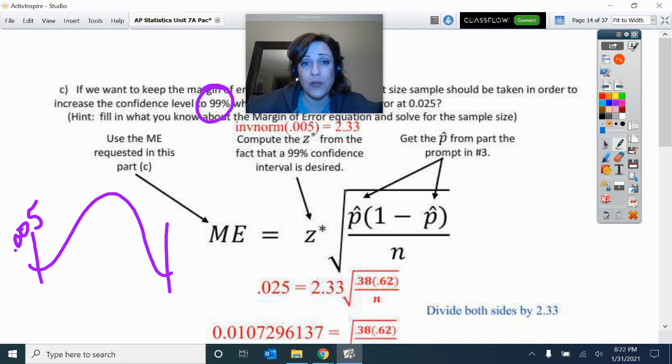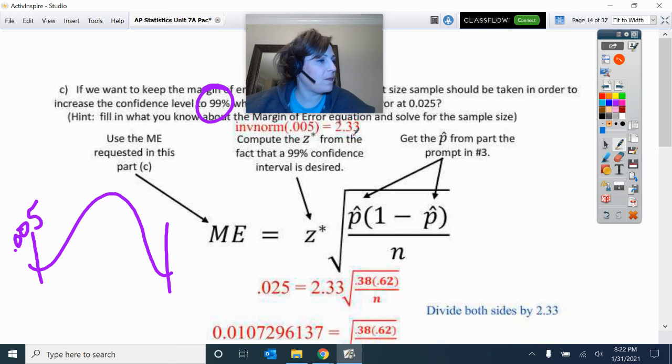That's 0.005. Do you see how I had to do 0.005? And that is 2.33. Okay, I'm double checking that one because I was thinking something else. Let's see here. Oh, I need to inverse norm that. All right, let me double check that.